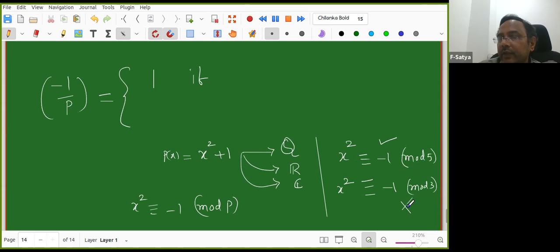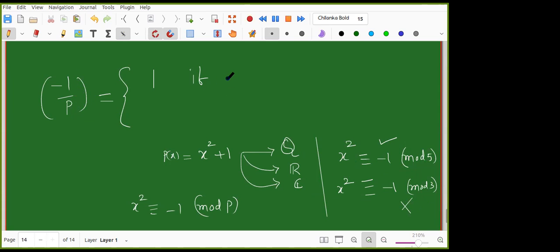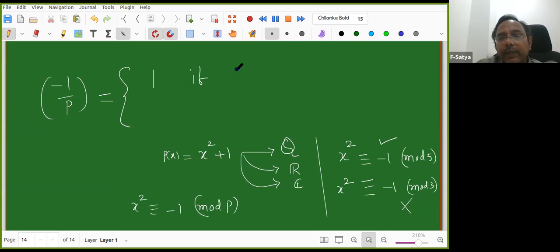Is your life sufficient? No. Is there any method? That is what I'm telling you. We already did it. Somebody else can say: 4k plus 1. So if p is of the form 4k plus 1, then it has a solution. Otherwise it does not have a solution; it is -1 if p is of the form 4k plus 3.